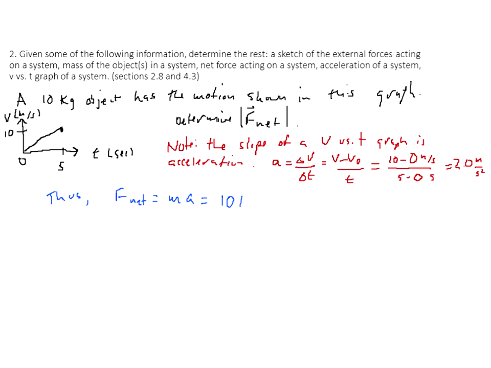which equals m times a equals 10 kilograms times a, which is 2.0 meters per second squared, or 20. And let's look at this. Probably most of you remember what the unit of force is, but if you don't, that's okay, because whenever you're taking a test and you are not sure of the final unit, just do the algebraic product or quotient of the units.